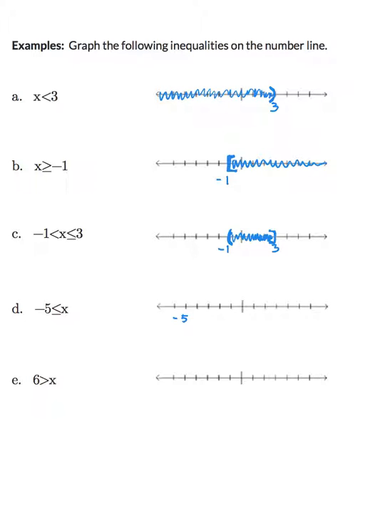So just think of a number that would satisfy this inequality. Is negative 5 less than or equal to 0? Yes, it is. Is it less than or equal to 1? Yes, it is. Where are those numbers in relation to negative 5? They are going to be to the right. So I want to shade to the right of negative 5.